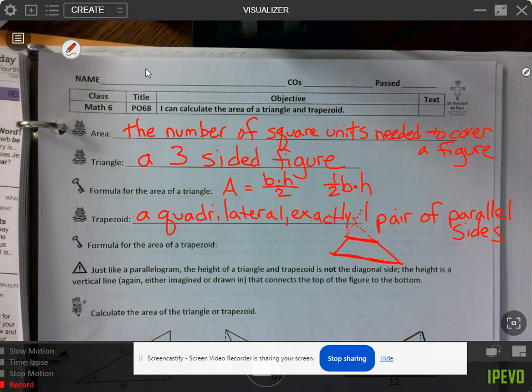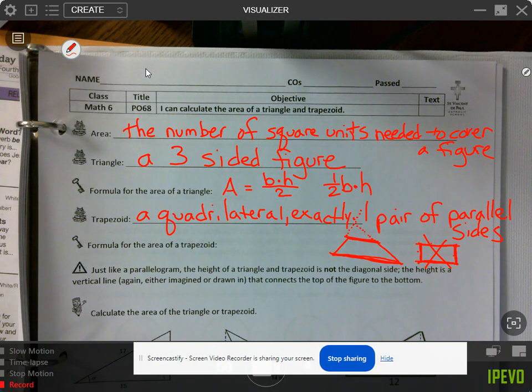So it's only 1 pair of parallel sides. When we were talking about rectangles, the top and the bottom were parallel, they'll never cross. The side and the side were parallel and will never cross. So they have 2 pairs of parallel sides. The trapezoid only has 1 pair because it has slanted sides that will cross each other.